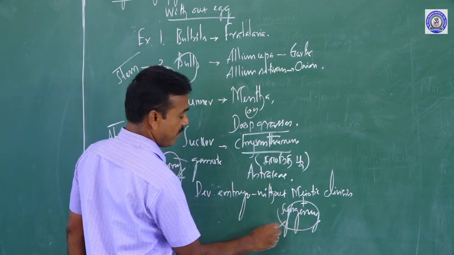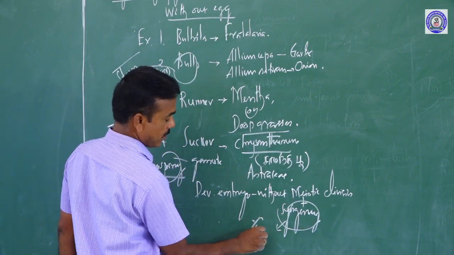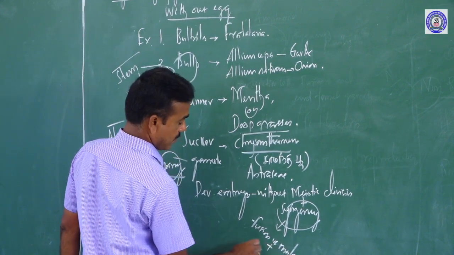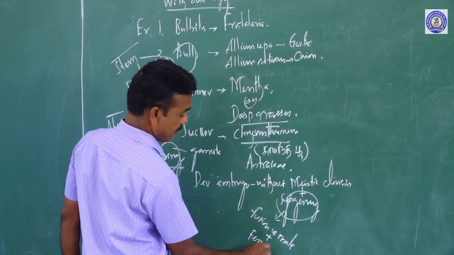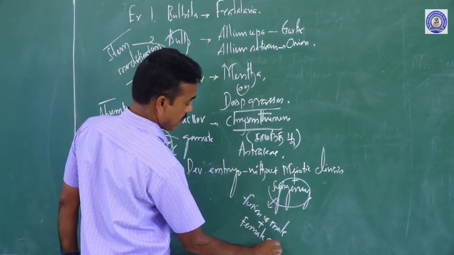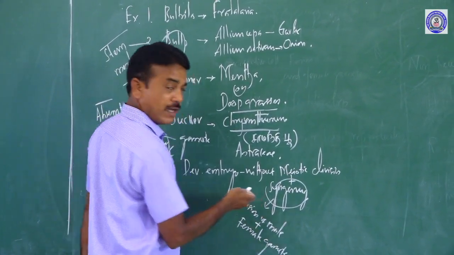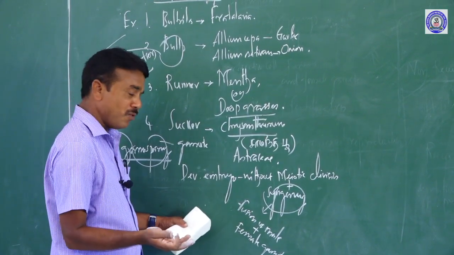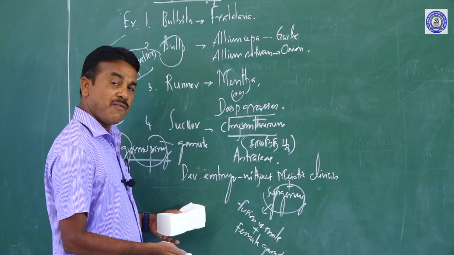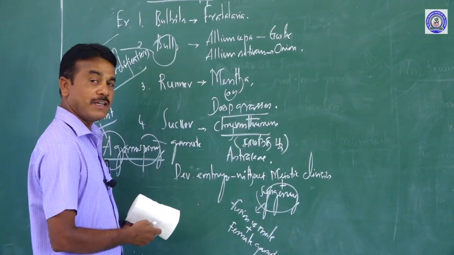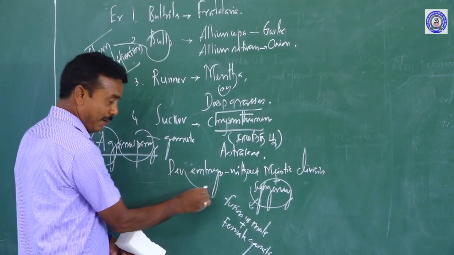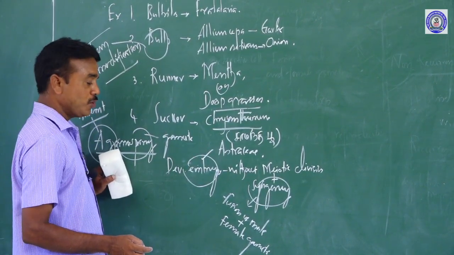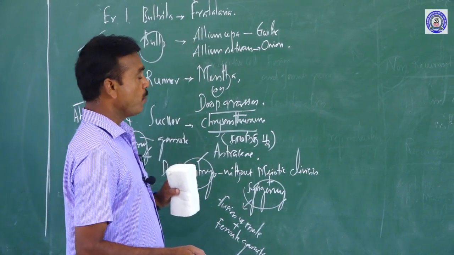Fusion of male and female gametes. Here no male and female gametes are possible to fuse. There is no meiotic division, but the embryo develops. That is commonly called agamospermy.